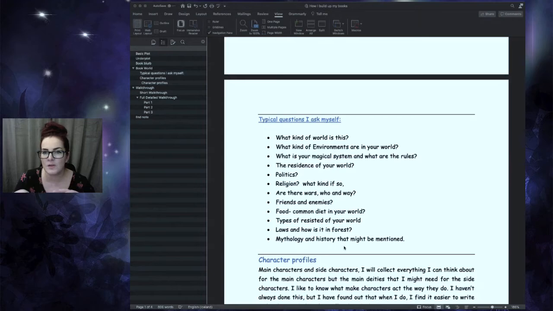You can take it in so many directions. Especially if you write one series and then another series that happens in the same world, you have all the information and you're not going to mix and match information or make errors that you would have avoided if you just had a game plan and it was all written down.